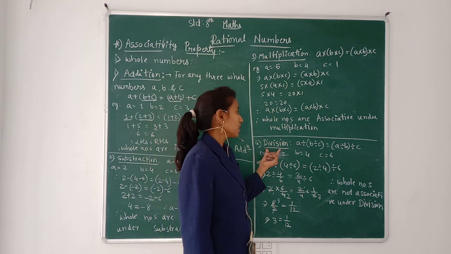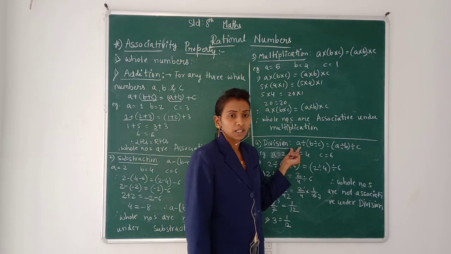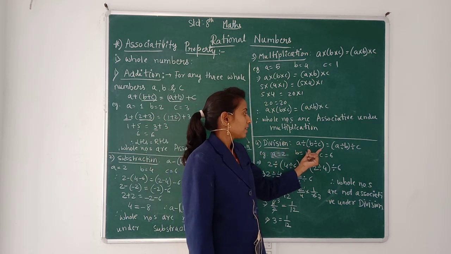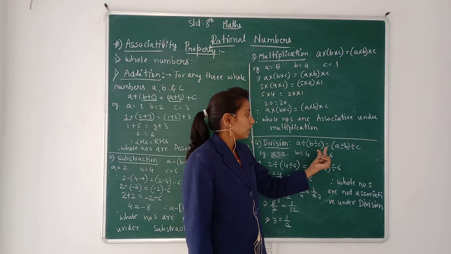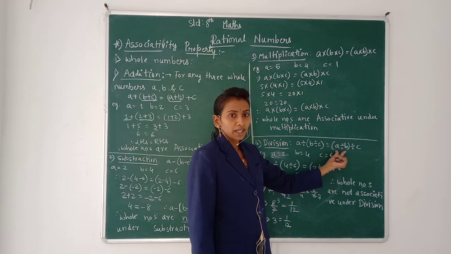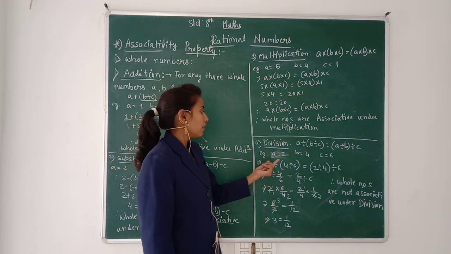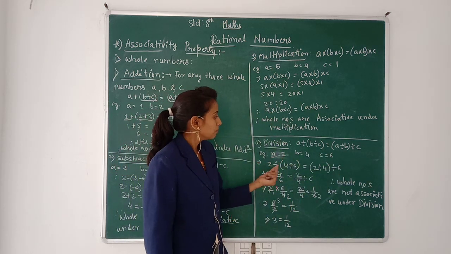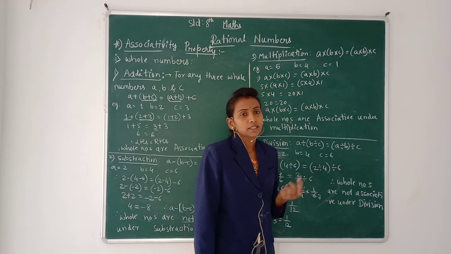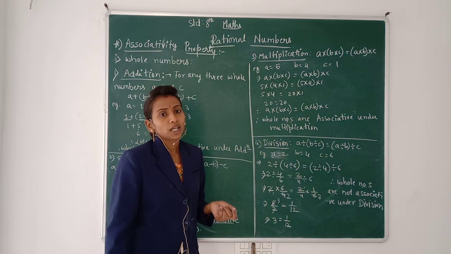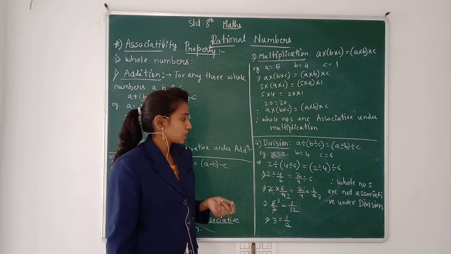See here, what does the associative property tell about division? A divided by, in the bracket, B divided by C, is equal to A divided by B in the bracket, divided by C. Take an example. I have taken A is equal to 2, B is equal to 4 and C is equal to 6. Put the A, B, C values in the relation.